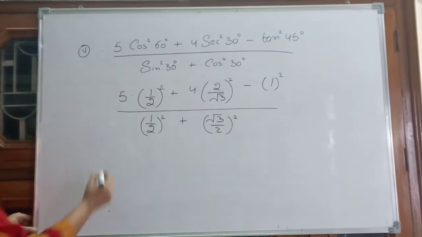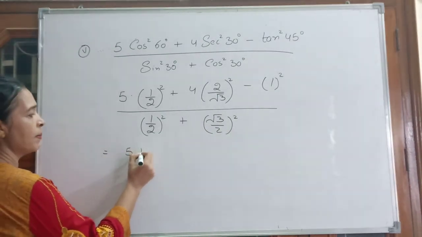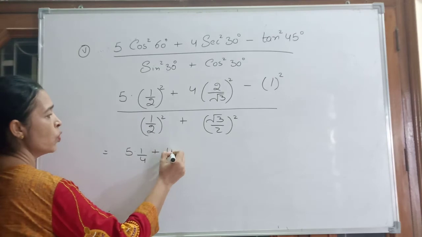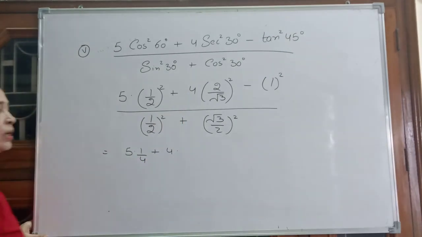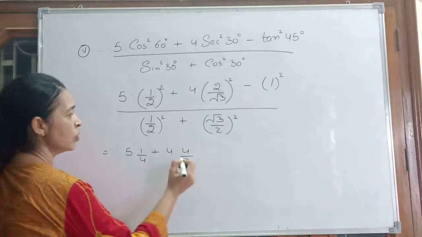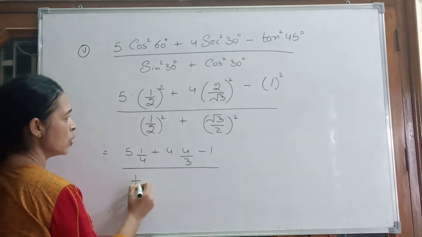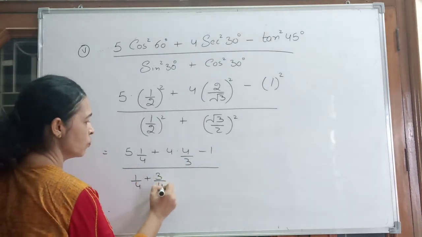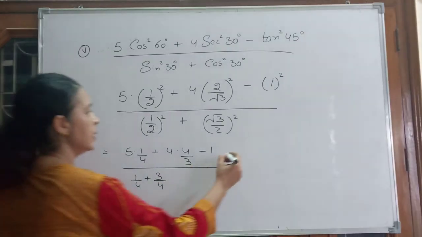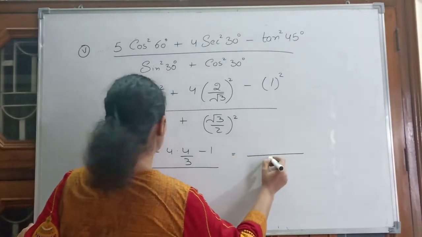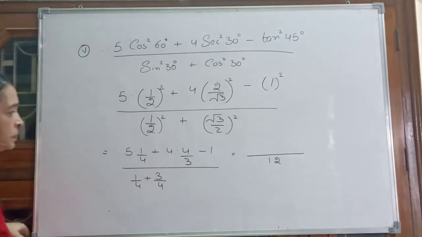Clear? This is 5 into 1 by 4 plus 4 into 2 by root 3 whole square, 4 by 3 minus 1 upon 1 by 4 plus 3 by 4.